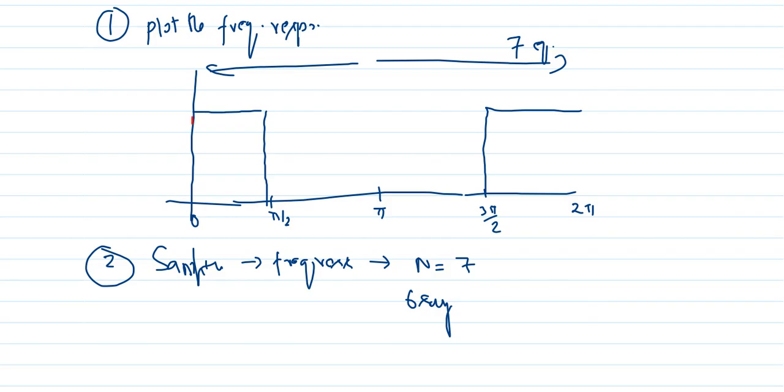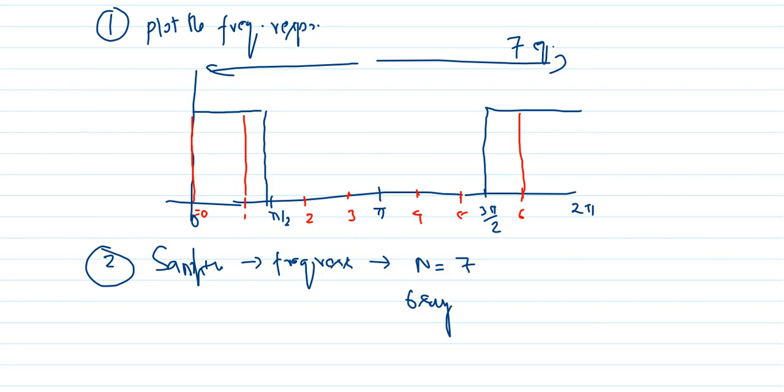I'll take one sample at k equal to 0, one more at 1, then 2, 3, 4, 5, 6. Here 1 has magnitude one, these others are zero magnitude, and the last is 6. Now this is divided into 7 parts: first part, second part, third part, fourth part, fifth part, sixth part, and seventh part. So we have divided the frequency spectrum into 7 parts, which are nothing but 6 samples.